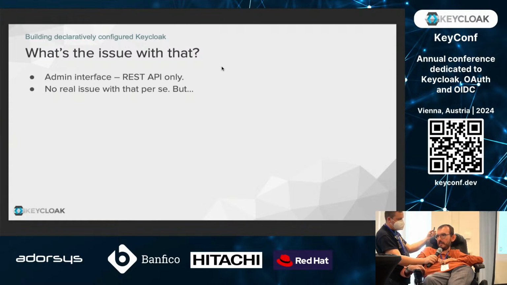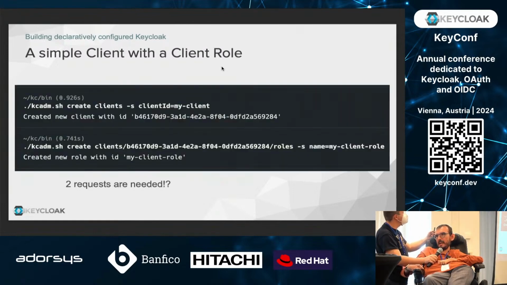But let's take a very simple example here. I want to create a simple client with a simple client role. Okay, I will create a client. That's one request. Because I haven't specified a UUID, it's generated for me. And now what about the role?